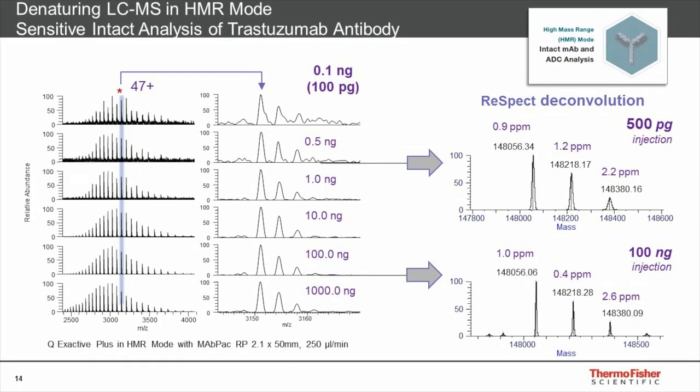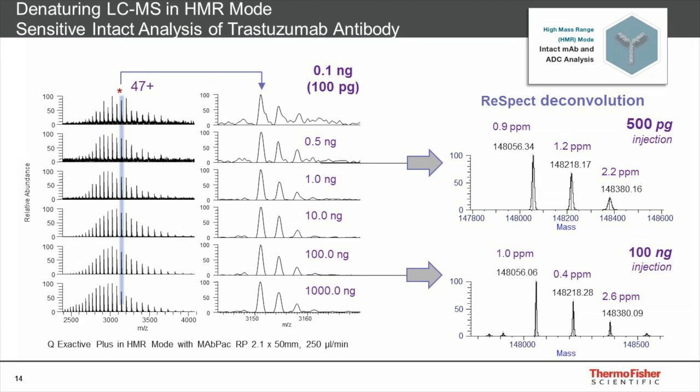Okay, so for denaturing analysis, I mentioned that this was more sensitive. In this case, I'm showing, again, Trastuzumab. This is online using a Q Exactive Plus, of course, with HMR mode, high mass range mode, and this is using our MabPac RP column. And in doing this, we can run this fantastic range, demonstrating sensitivity all the way down to the 0.1 nanogram or 100 picogram level.